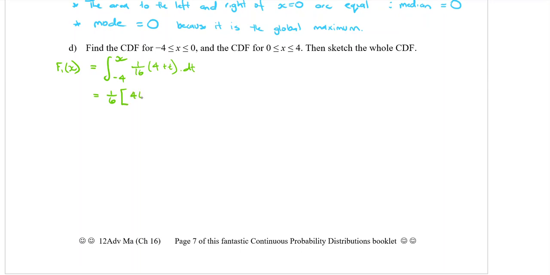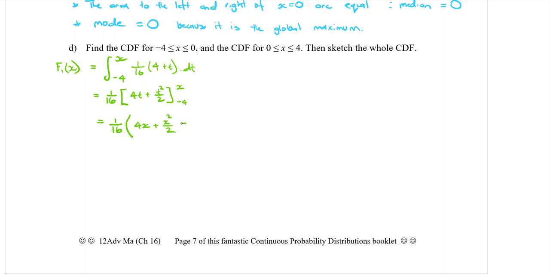Integrating the 4, I will get 4t plus t squared over 2 between -4 and x. And then we have to carefully sub that in and get our equation. Oh, that's a 16, sorry. There's an extra 1 on that. So 1 over 16 at the front. Subbing in x, I get 4x plus x squared over 2.